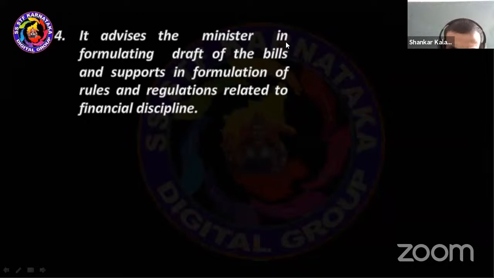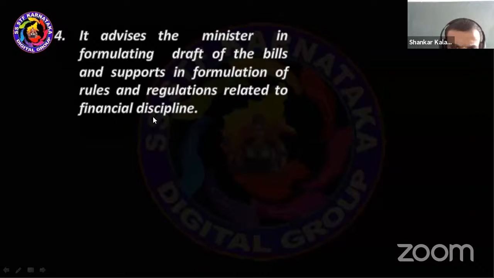It advises the minister in formulating drafts of bills and supports formulation of rules and regulations related to financial discipline, and also helps to form bills or any policies which the government requires to implement in the state. For example, if the financial department would like to form a financial bill, the state secretariat helps the ministers and other officials to form that kind of bill, and also to form rules and regulations.